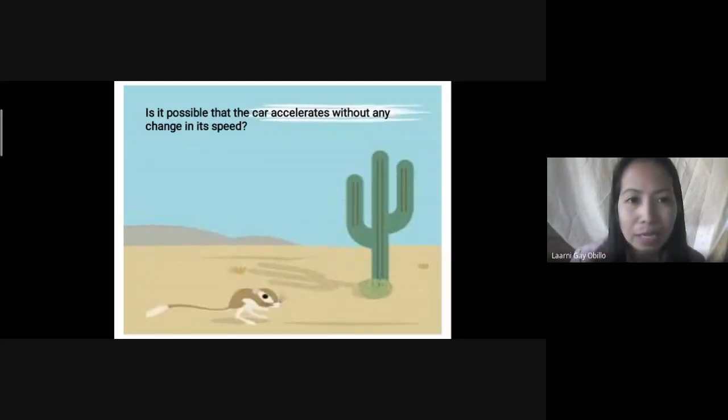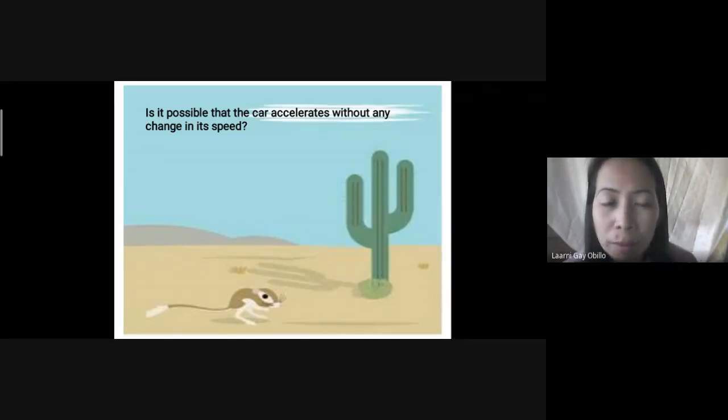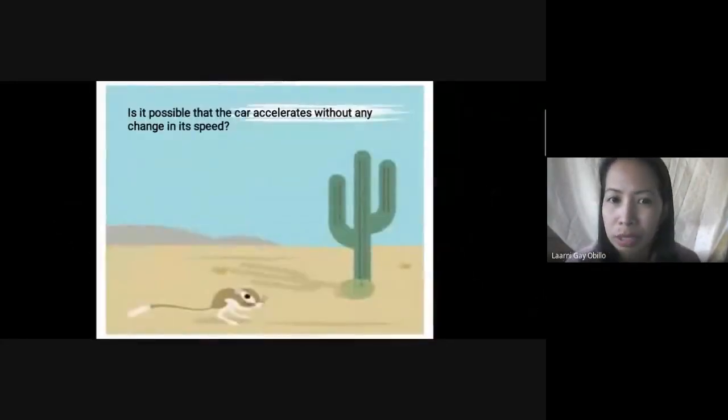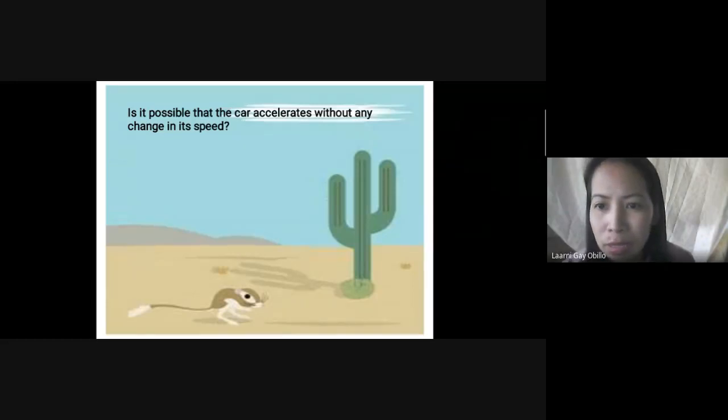Ayan. Is it possible that the car accelerates without any change in speed? Sa tingin nyo, posible ba na mag-accelerate yung car kahit hindi nagbabago yung kanyang bilis? What do you think? You can type in your answer dito sa chat box natin.